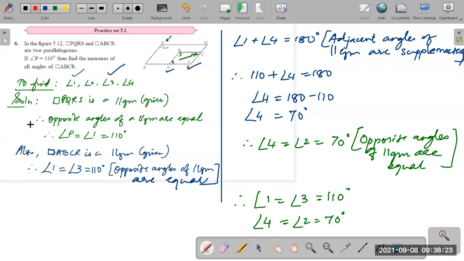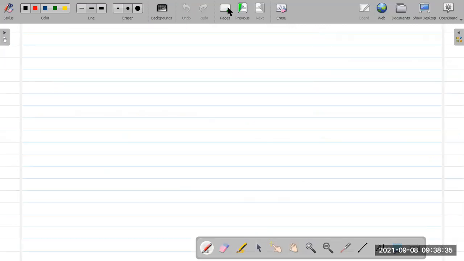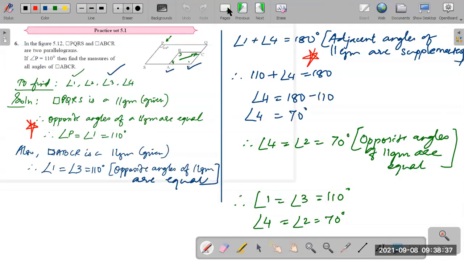The first one, opposite angles are equal, and adjacent angles are supplementary. Very simple properties. So that's the last question. Question number 7 is omitted for this academic session.